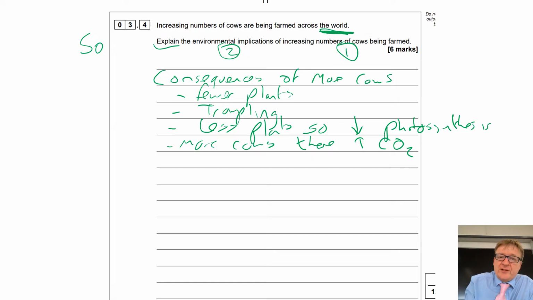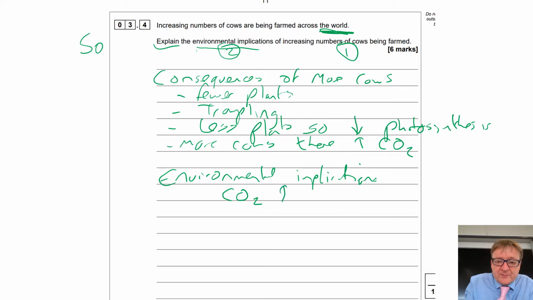Then we've also got the environmental implications, which is in this next bit. What will then be the environmental implications? Okay, so if the carbon dioxide goes up, the greenhouse effect increases.